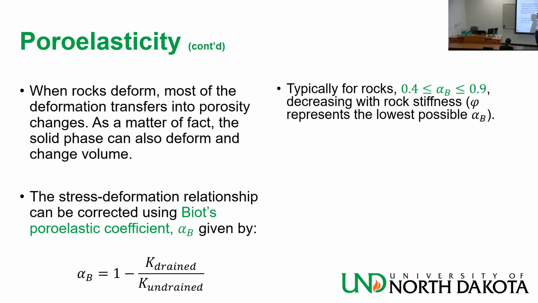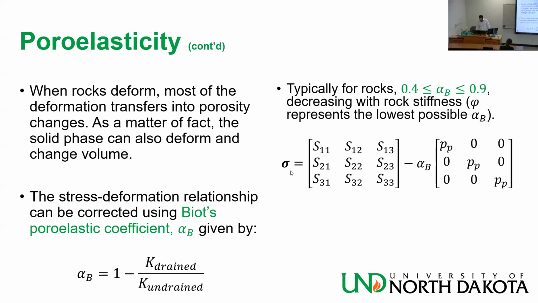So you cannot get more than the amount of fluid that you have in the pores out of the system, right? If I have a sponge, I cannot get more water than the volume of water that is occupied. That's the idea here.